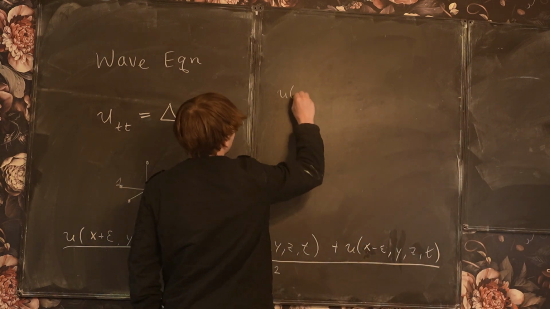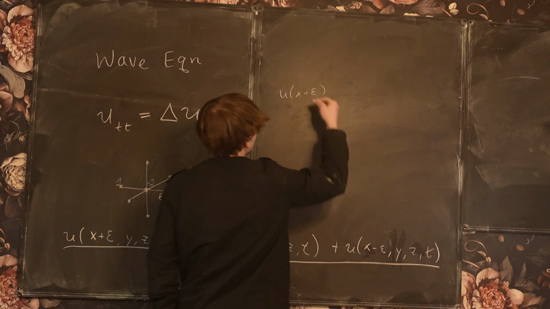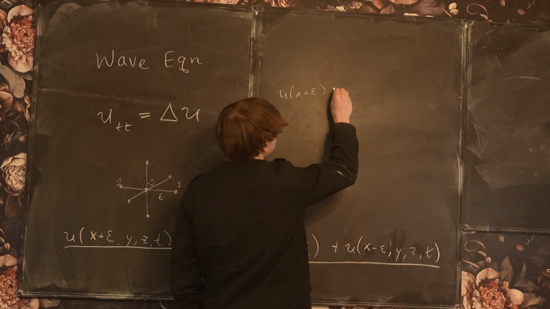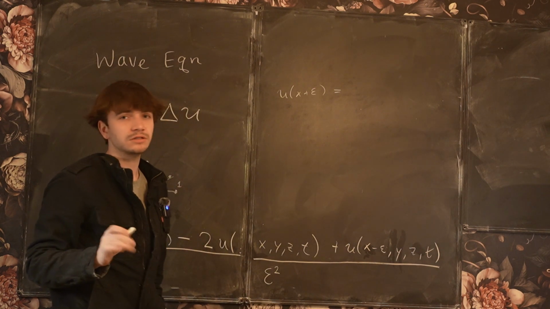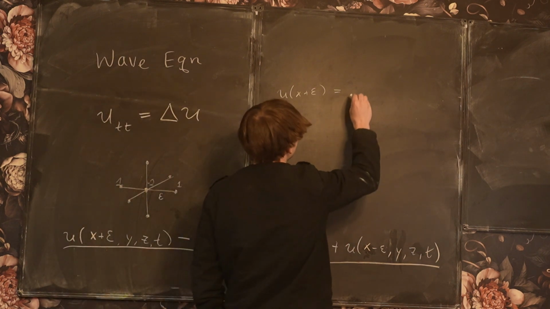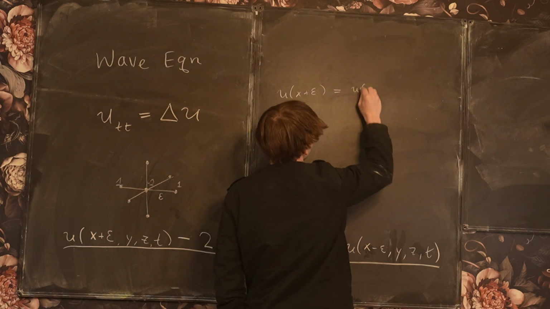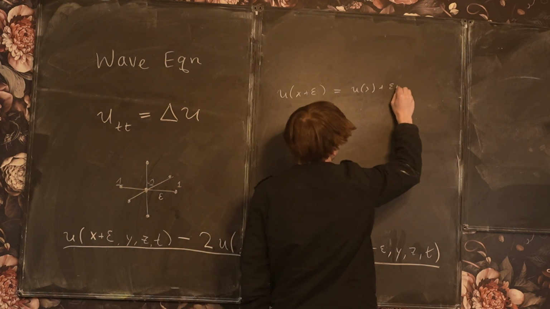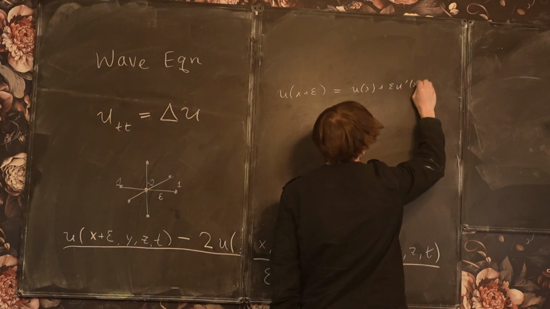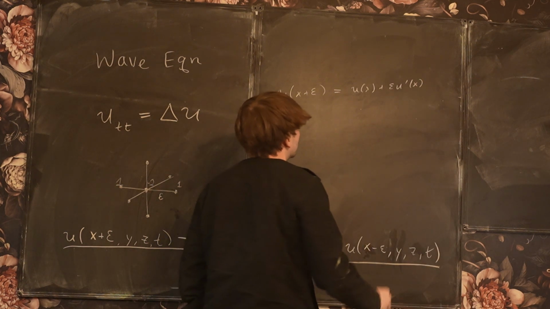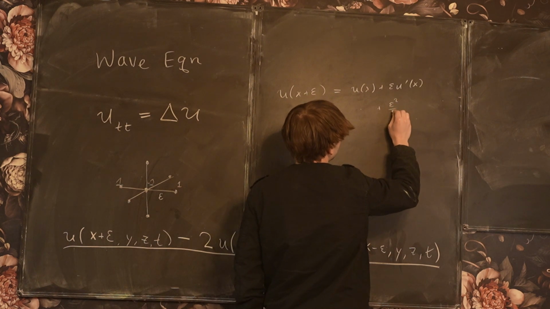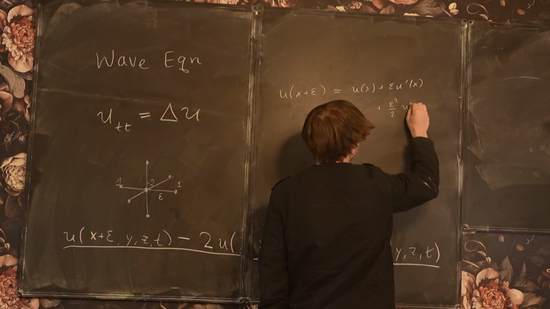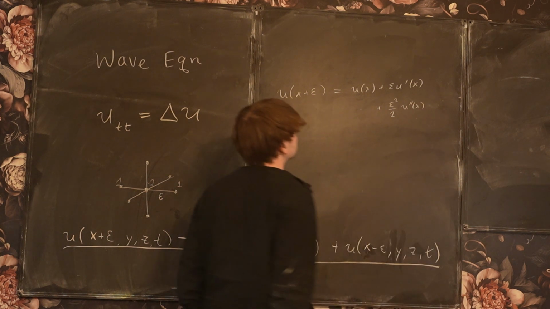So u of x plus epsilon is going to be equal to, let's just forget all the other variables because we're considering them to be constant, okay? So u of x plus epsilon is equal to, according to the Taylor expansion, u of x plus epsilon u prime of x, plus epsilon squared over 2 u double prime of x, okay?